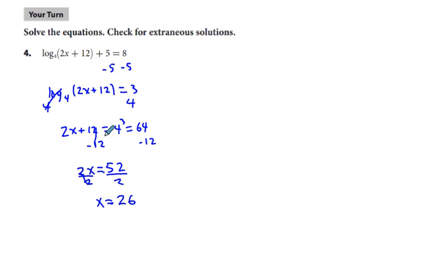And then to check, if we put this back in, I'll just put check right here. Log base 4 of 2 times 26 plus 12, plus 5 is equal to 8.